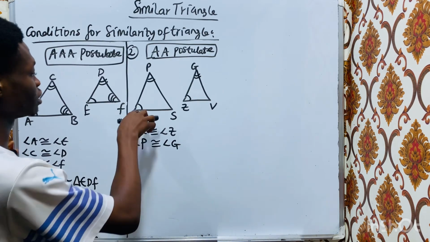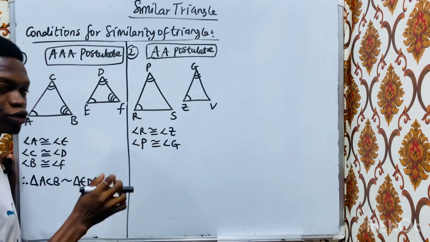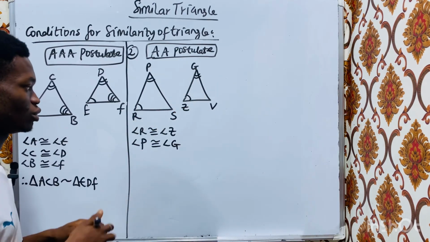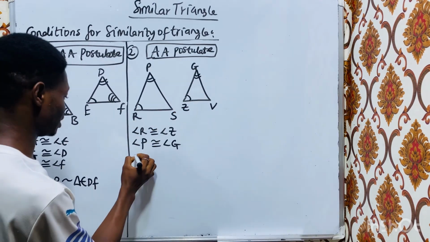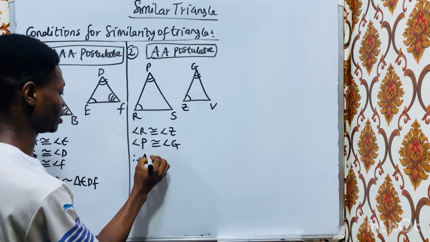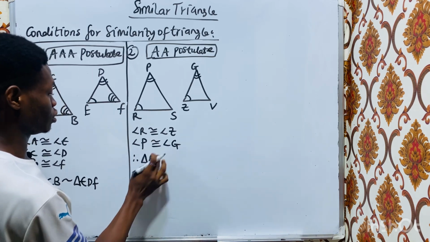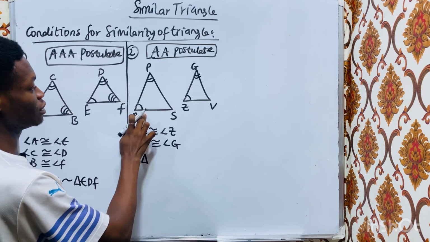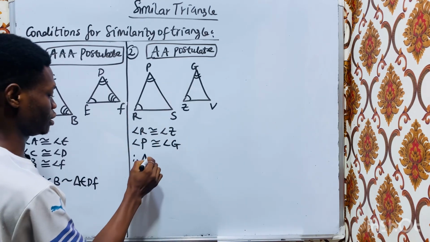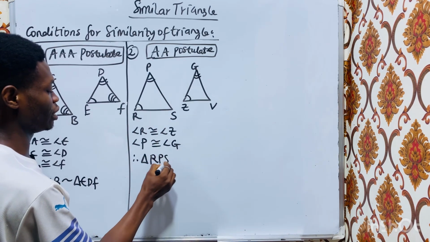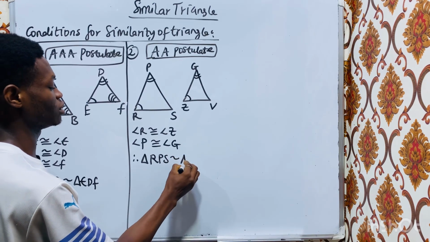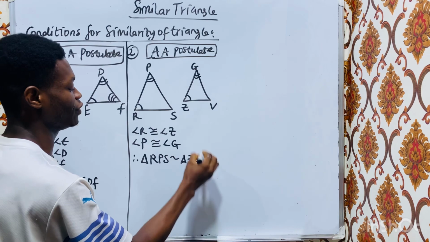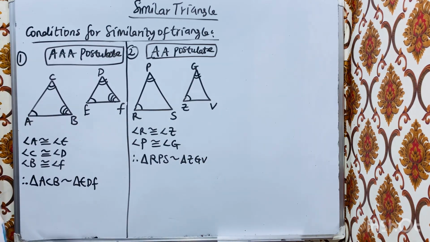So we have the AA postulate: this angle is congruent to this angle, and this angle is congruent to this angle. So we can say that, therefore, triangle RPS is similar to triangle ZGV. I hope you can see it well.